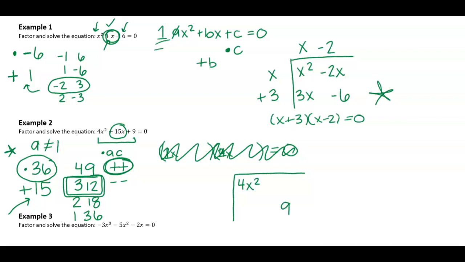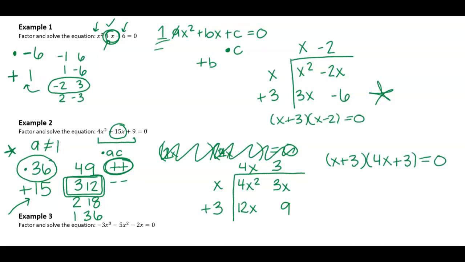So I write my 4x squared and my 9, and then I rewrite my 15x on my diagonal pieces here. I then factor out the greatest common factor, in that case x, in this case 3, 4x, and 3. And so I get x plus 3 times 4x plus 3 are my two linear terms.